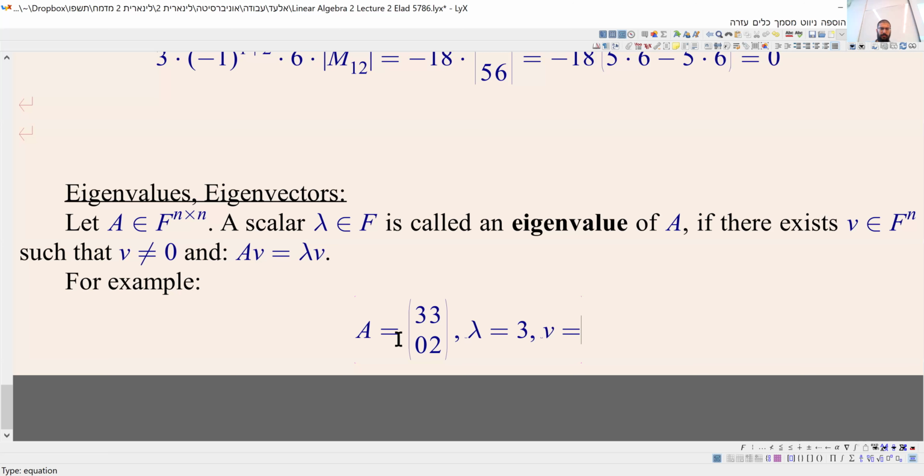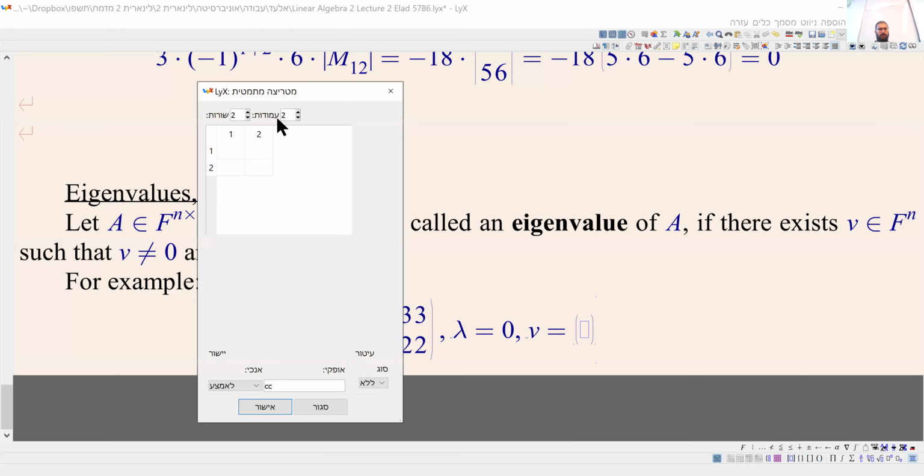No, I'll do it simpler since we are already late. Let's have 2 here, and lambda is 0, and which V is multiplied by A and becomes 0.